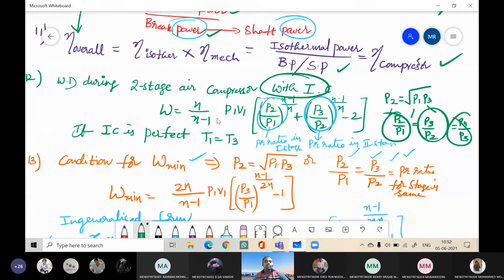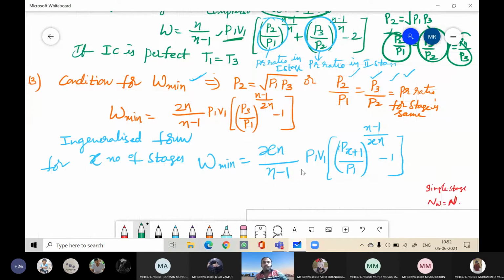Therefore, the work done will become n by n minus 1 P1 V1, first pressure ratio power n minus 1 by n, plus second pressure ratio power n minus 1 by n, minus 2. So that is the condition for perfect intercooling. And minimum work, we got 2n by n minus 1 P1 V1 into final pressure to the initial pressure power n minus 1 by 2n, minus 1.